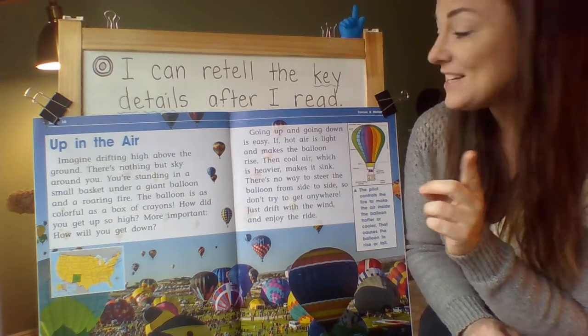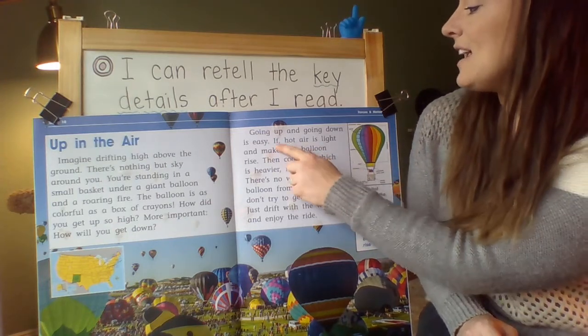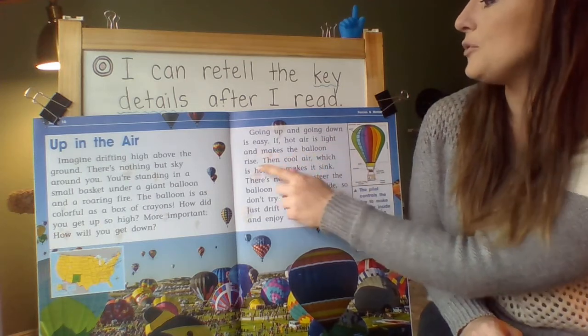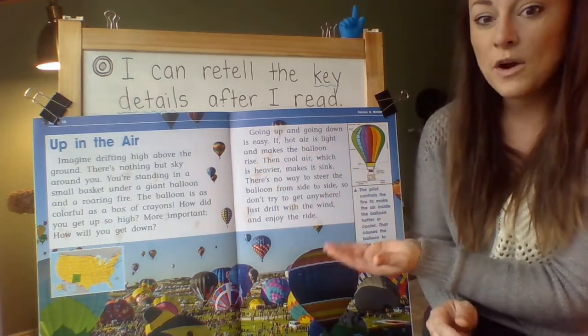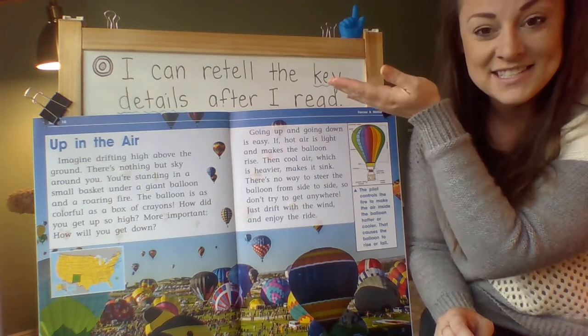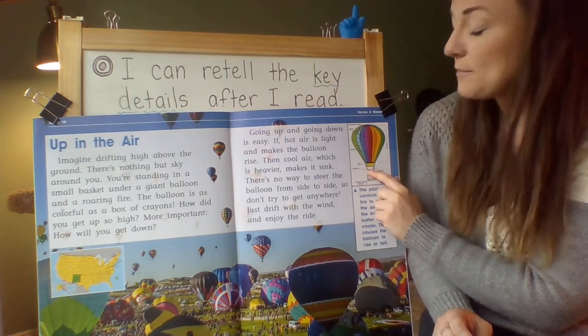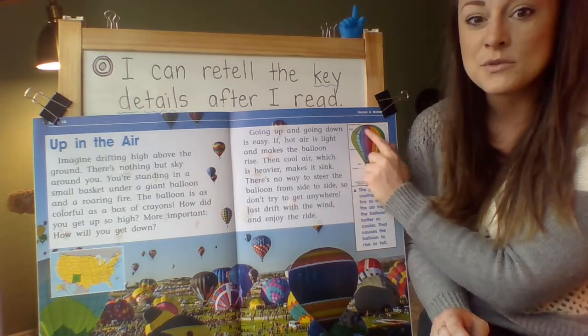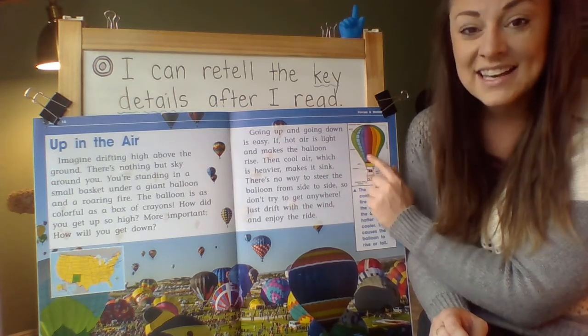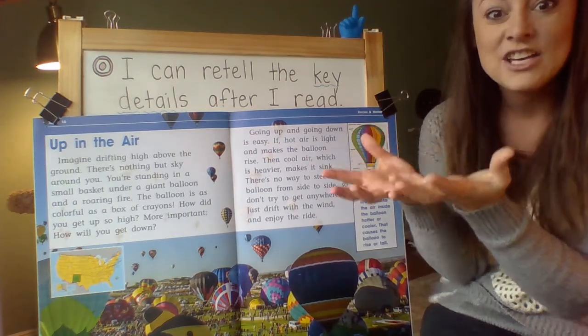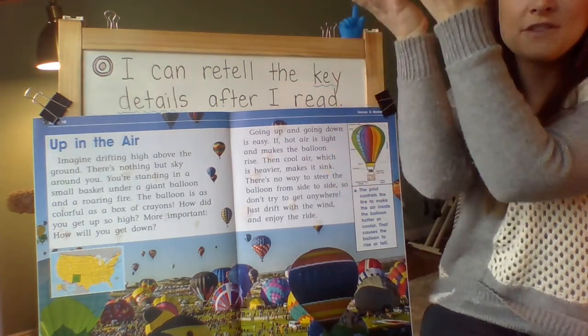And an important detail that I learned is if the hot air is light, it makes the balloon rise. So if they want the balloon to go higher into the sky, they turn on these burners to make sure the air inside gets really, really hot. That hot air is light. It's not that heavy. So the lighter things go up, up.